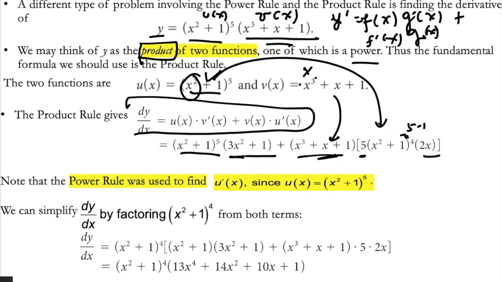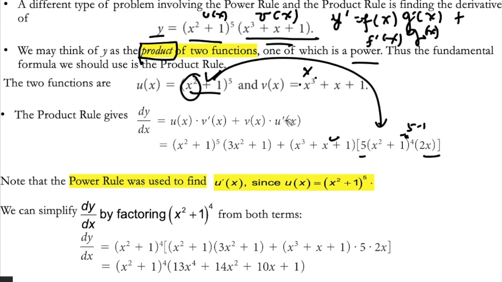So that's how we do it. I do one by one slowly. So this is a mixture between product rule, power rule, and also chain rule. Okay? Now, basically after that, don't just leave it like that. You can simplify it further to make it nicer. So let me erase this mess first.